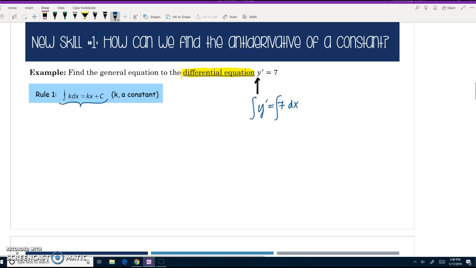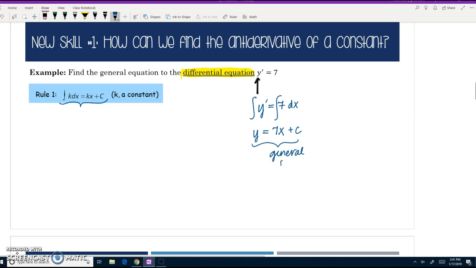If you just have a number that's a constant, working backwards, you'll end up with that number times x. So when we take the integral of a derivative, the derivative sign goes away, and we're left with y is equal to 7x. Now, when it comes to working with integration, we always include a plus c for general solutions.